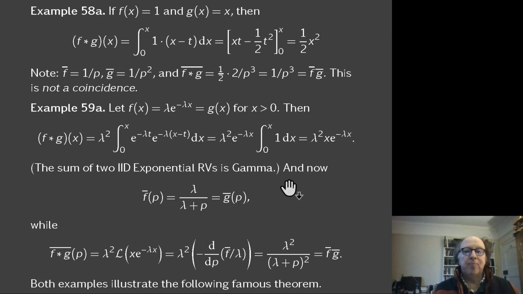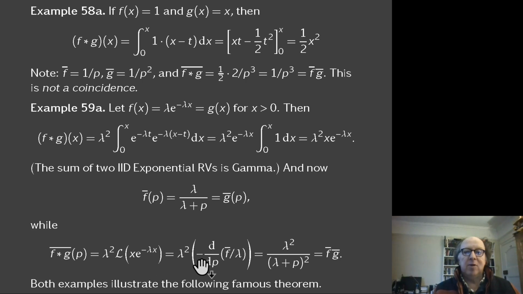So what are f bar and g bar? They're both equal to lambda over lambda plus p. Lambda is that number out front, and the 1 over lambda plus p is the Laplace transform of e to the minus lambda x. And then the transform of the convolution is lambda squared times the transform of x e to the minus lambda x.